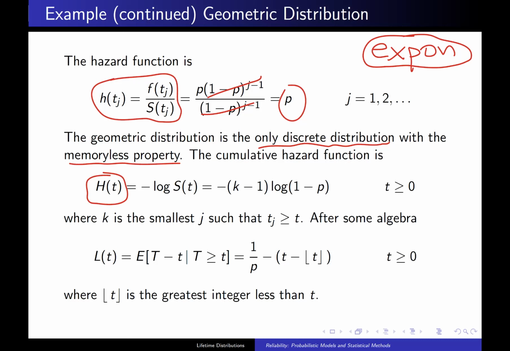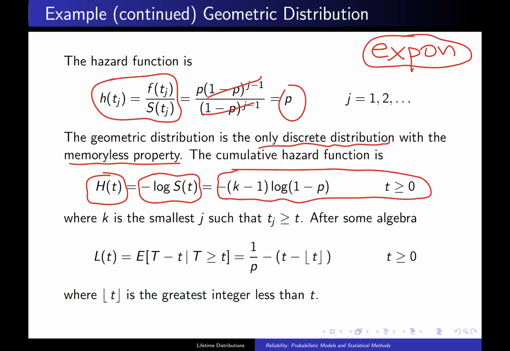Capital H of t. Remember, there was a dilemma defining this thing. We decided to stick with the opposite of the natural log of S of t. Log is used here in the slides. In the book, that's been changed to ln in the 3rd edition. And that turns out to be minus k times the log of 1 minus p, where k is defined as before, being the smallest j such that tj is greater than or equal to t.